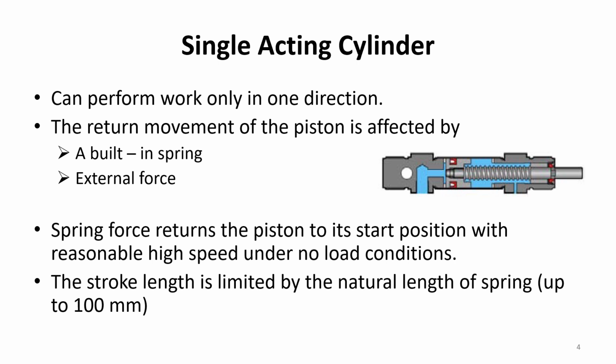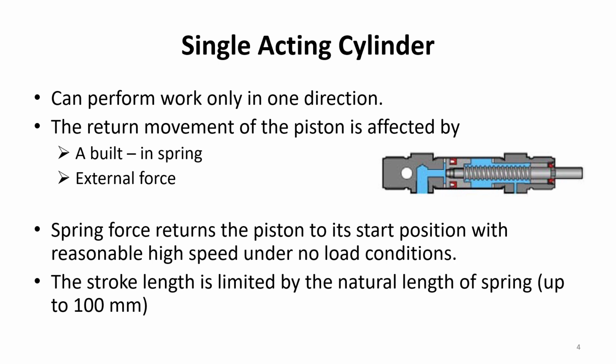So as can be understood, for the cylinder to extend, compressed air is to be given into the cap end, and for the cylinder to retract, the spring force will make the piston come back to its initial position with a reasonably higher speed.